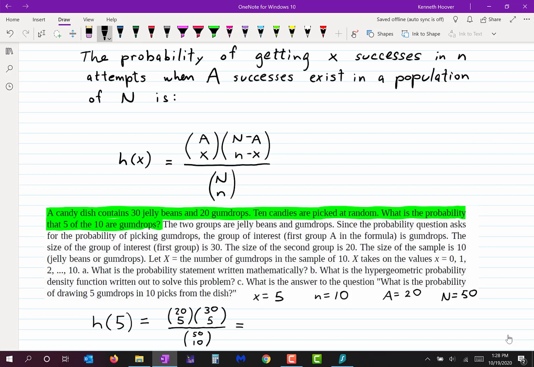Let's see. 20, choose 5, is 15,504. 30, choose 5, is 142,506.